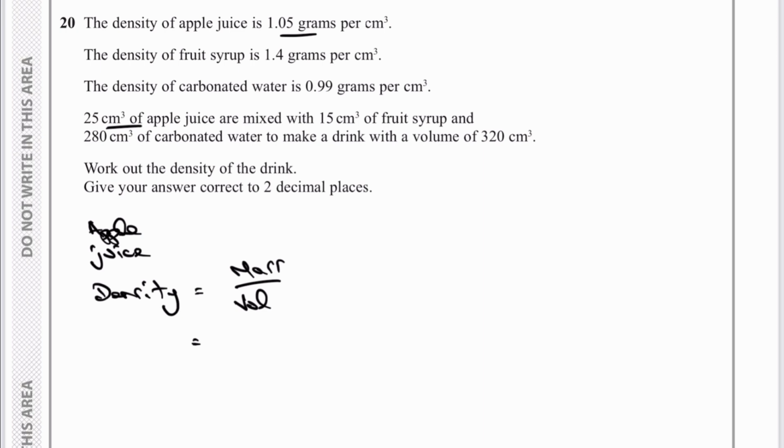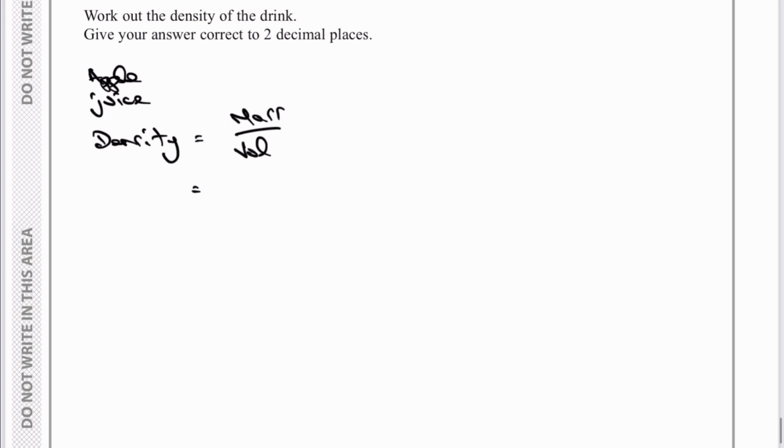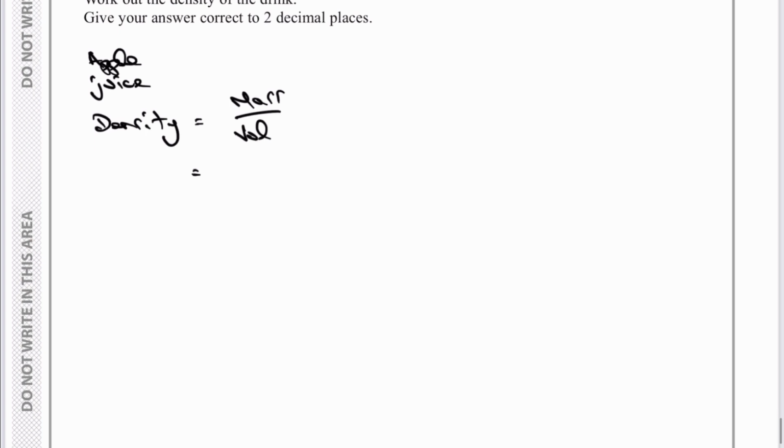So I can use that information to work out the mass, or the weight, of apple juice that we're going to use. I've got mass, and the volume is 25, and the density is 1.05. So if I multiply across by 25, I know that the total mass of apple juice is 26.25 grams.